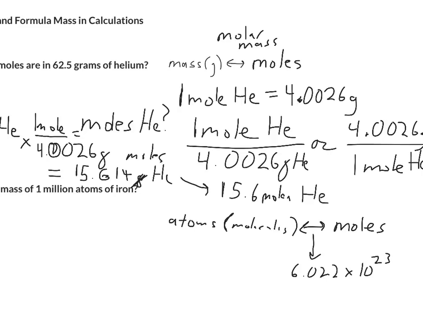So 1 mole is equal to Avogadro's number in particles, atoms, molecules, just context specific. And again, you can write this in only 2 ways as a conversion factor, similar to above.